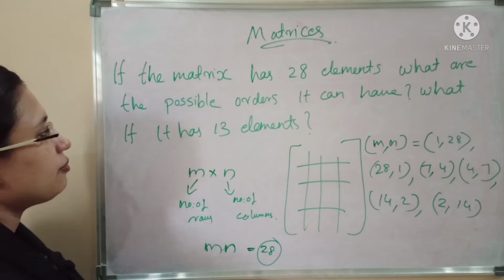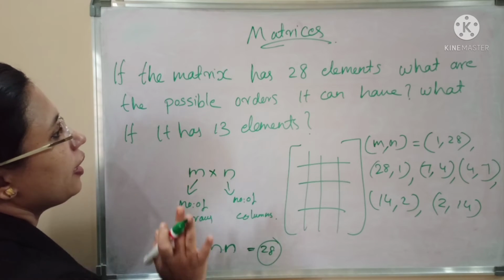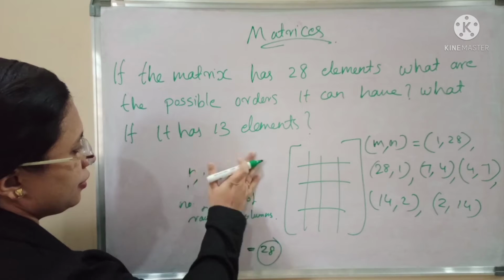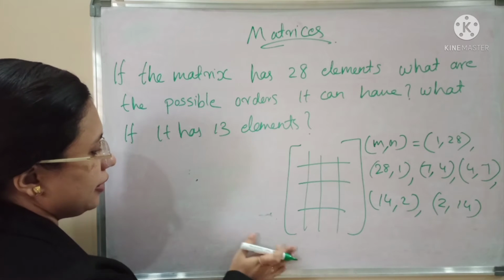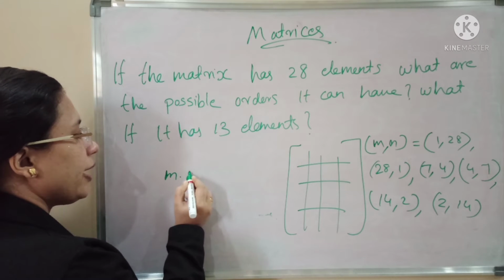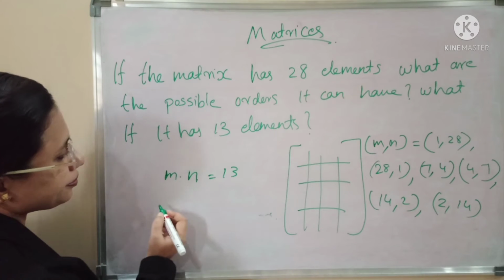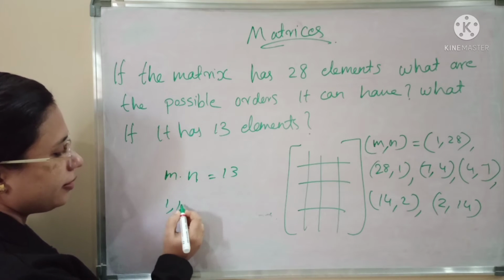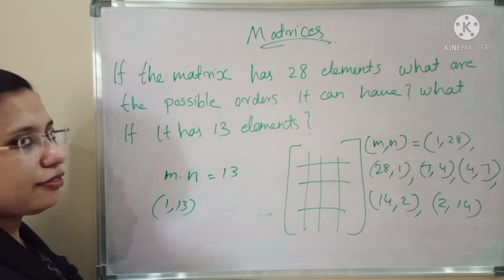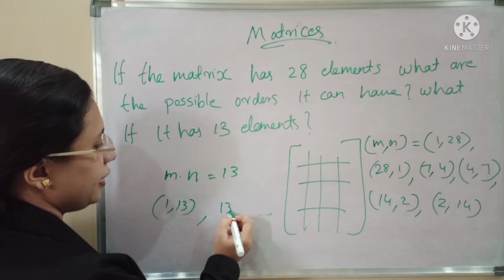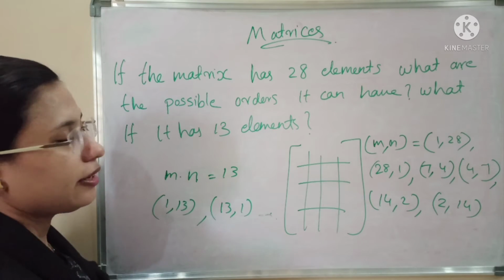The same way, how do we find it if the matrix contains 13 elements? Similarly m into n should give 13. So 1 into 13 will give 13, also 13 into 1 will give 13.